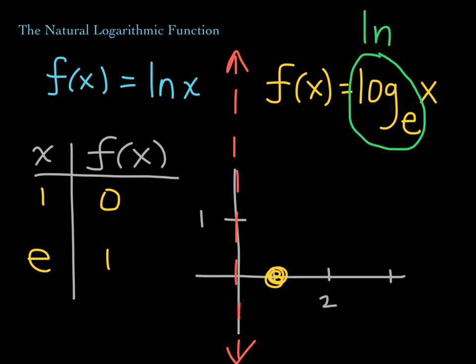So 2.7 is about here, comma 1. We're approximating there. So here's your logarithmic curve. It looks the same as all of the other curves for your logarithmic functions. So as far as the graph is concerned, there's not much that's brand new here, okay? Please notice that it's following the same pattern as the rest of your basic logarithmic functions.